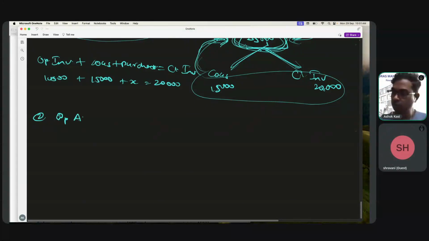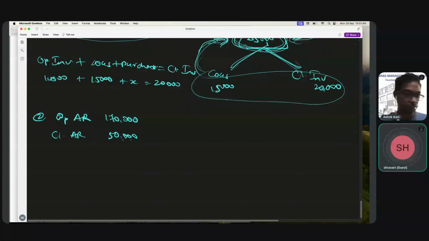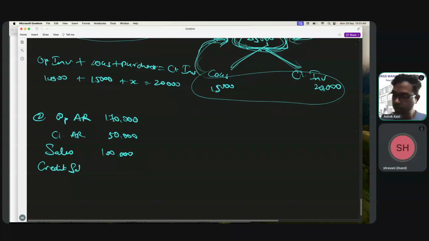Opening accounts receivable 170,000. Then closing accounts receivable 50,000. Sales 100,000. Credit sales 50%.